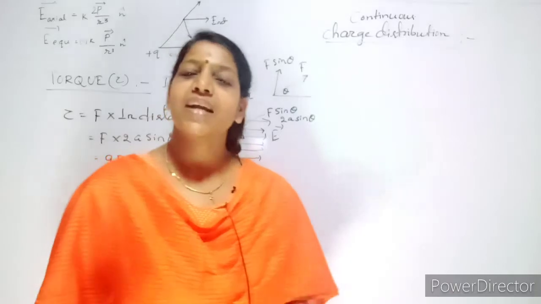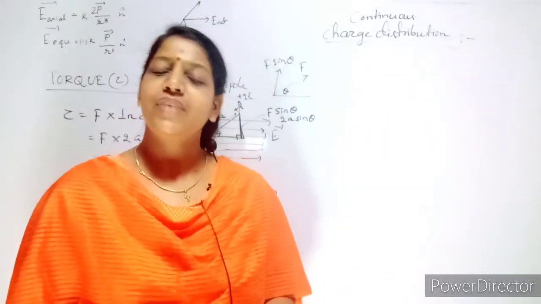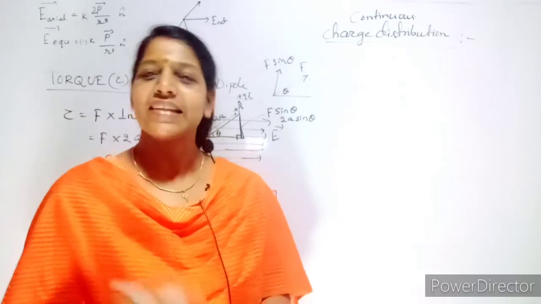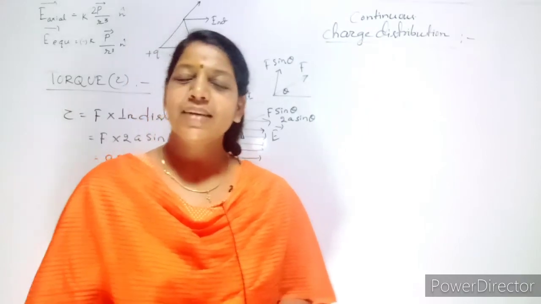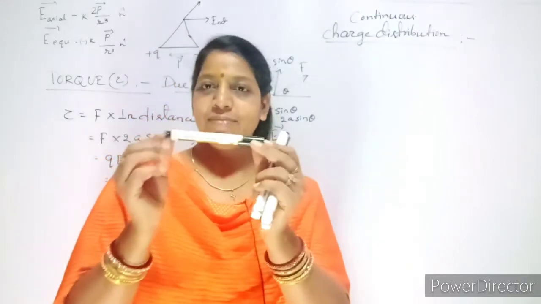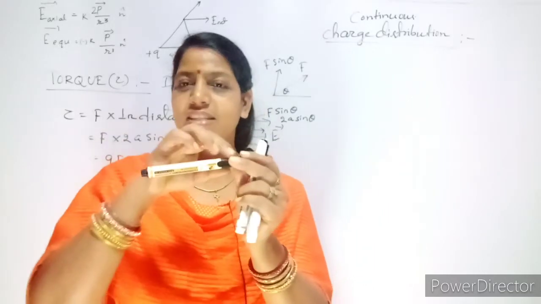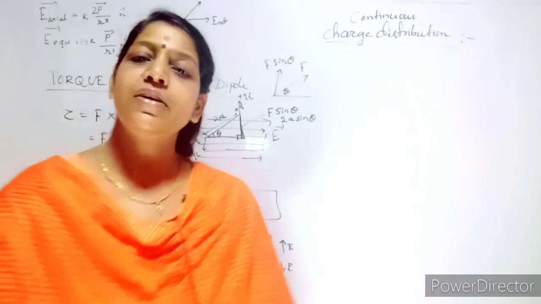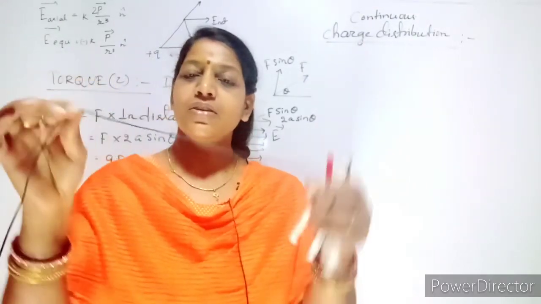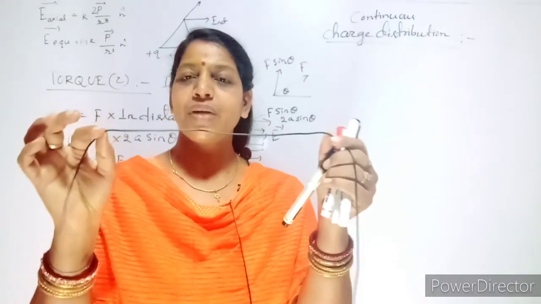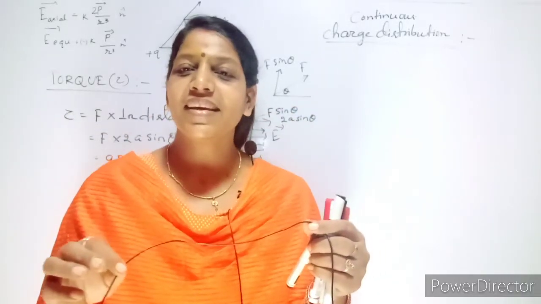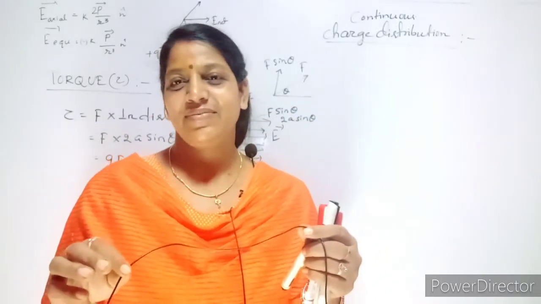Whenever there is continuous charge distribution, or you can assume charges are uniformly distributed, there are three possibilities. Either you can take a wire. If you take a wire, the charges will be uniformly distributed, like this is your wire. When the charges are distributed uniformly on a wire, this is called linear charge distribution.